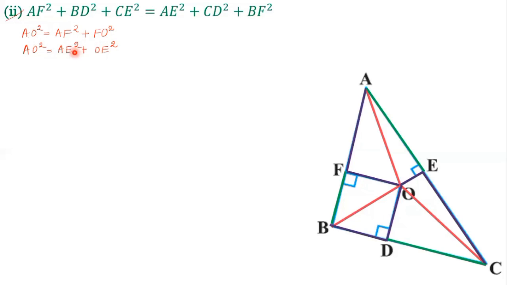So from these two equations we can write AF square plus FO square is equal to AE square plus OE square. Take it as equation 1.